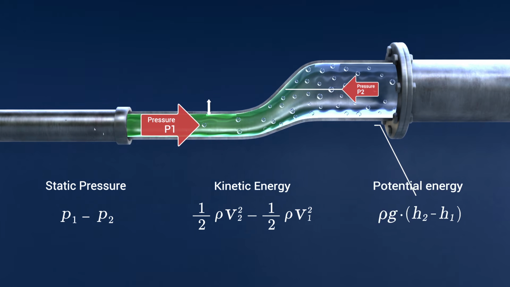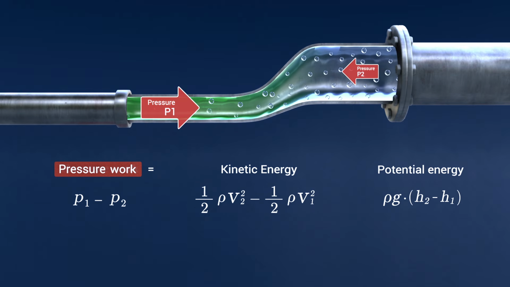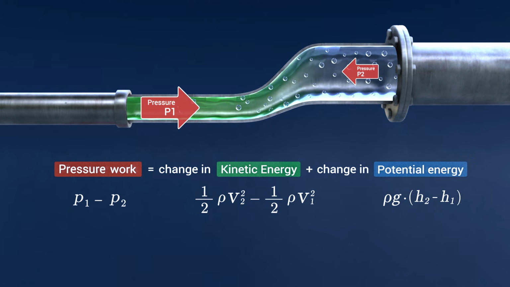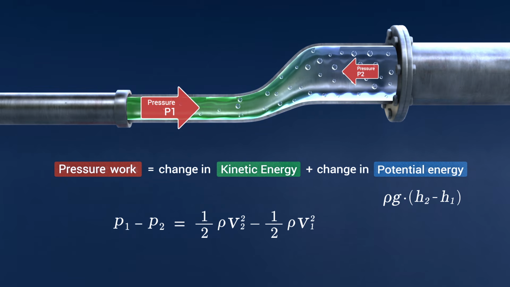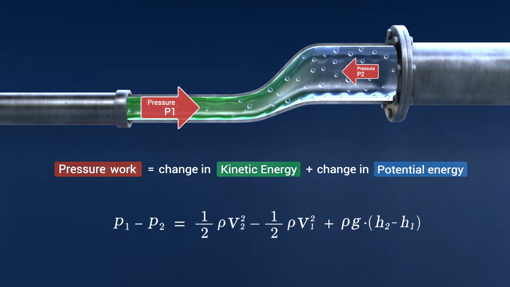Now we apply the energy balance. Pressure work equals change in kinetic energy plus change in potential energy. So P1 minus P2 equals half ρ v2 squared minus half ρ v1 squared plus ρg multiplied by the difference between h2 and h1.